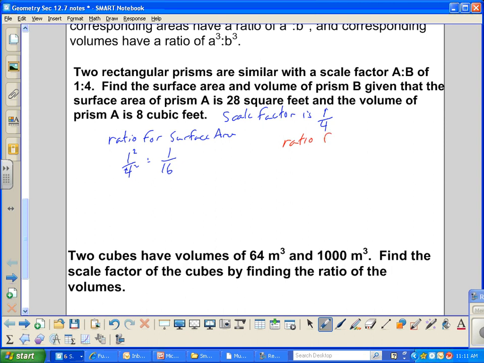The ratio for volume should take that scale factor and cube it. Right? So we'd have 1 cubed over 4 cubed, which would be 1 over 64.